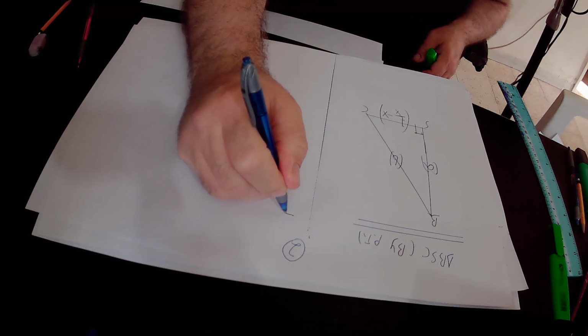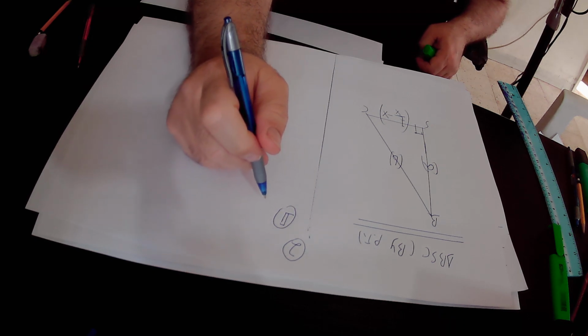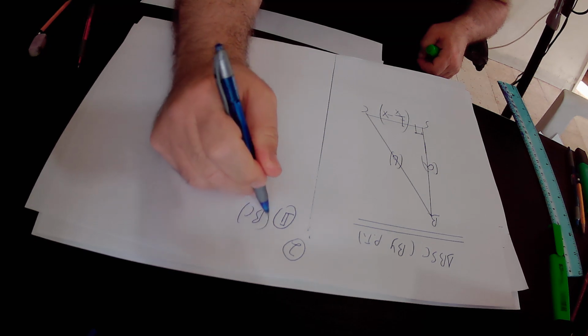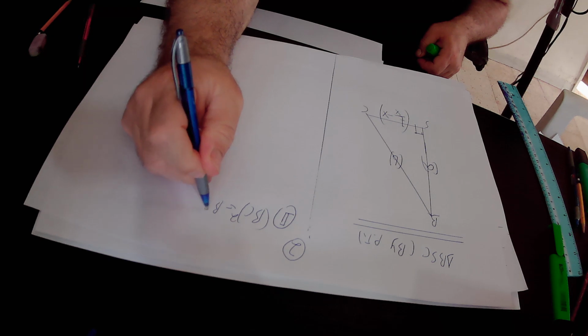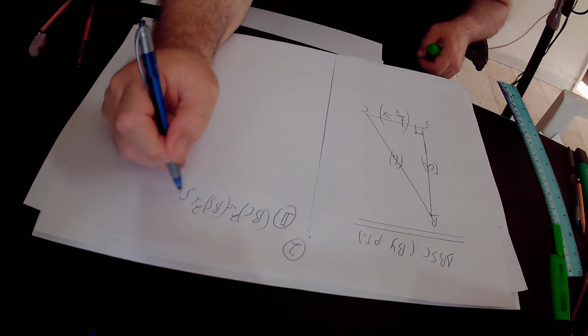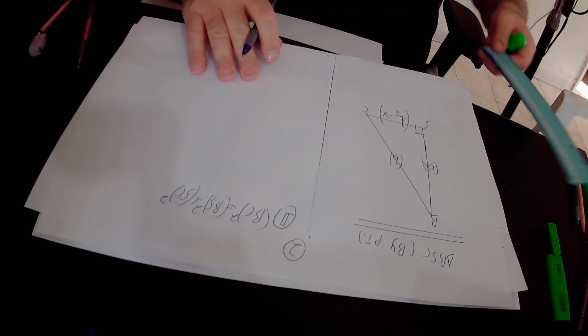So according to the Pythagoras theorem, in this right triangle BSC, BC square equals BS square plus SC square. This is equation 2.